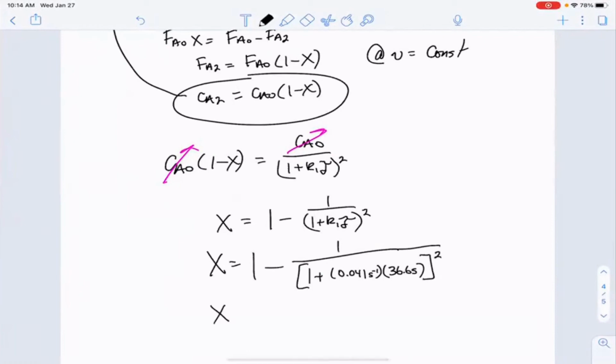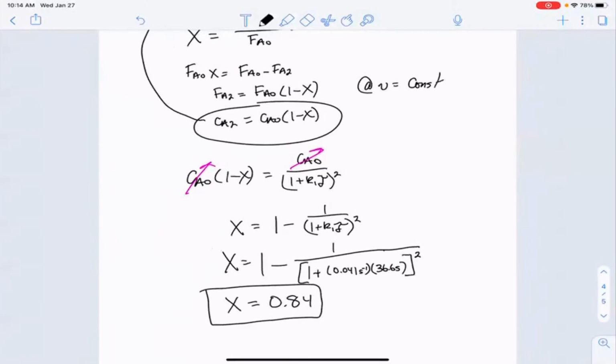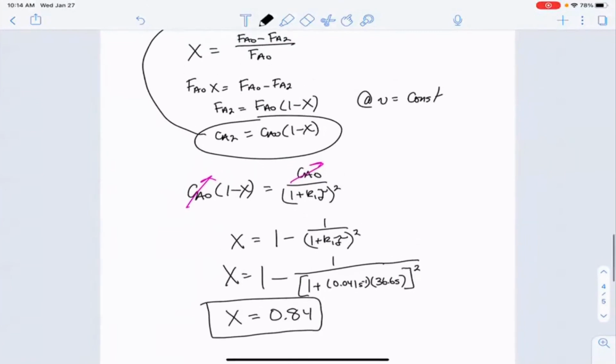And so we get that the overall conversion is equal to 0.84 for two of these CSTRs in series. All right, so before I ask the next question, is this okay? Do you guys have any questions about this?